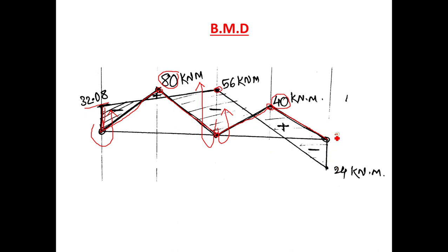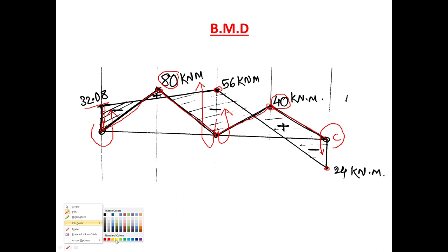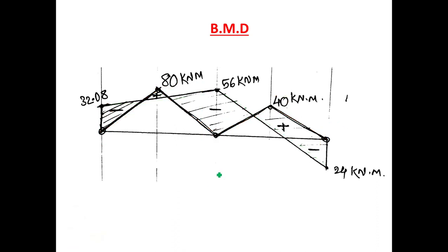And at point C, the moment is 24 anti-clockwise. Anti-clockwise means you must plot it downward, so this is 24 kilonewton meter. If you join these with a straight line, you will get the negative moment line. Like this you can plot the bending moment diagram.